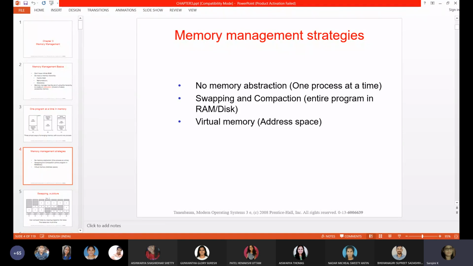For example, mainframe computers before 1960, mini computers before 1970, and before 1980 the initial period of usage of personal computers. All those periods, mainframes, mini computers, personal computers, till 1980. Personal computers we are still using. So personal computers till 1980, all the computers had this only, no memory abstraction.